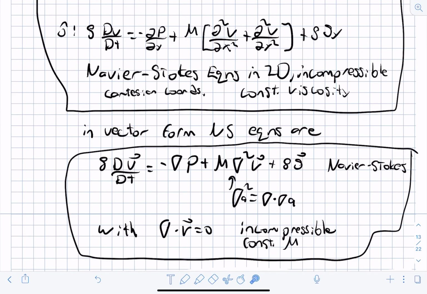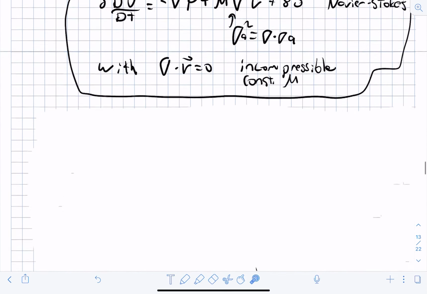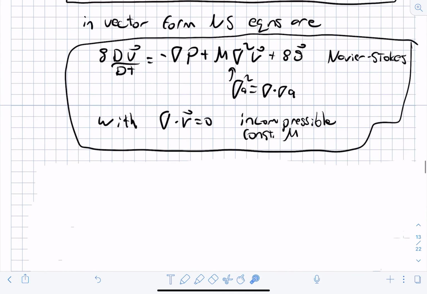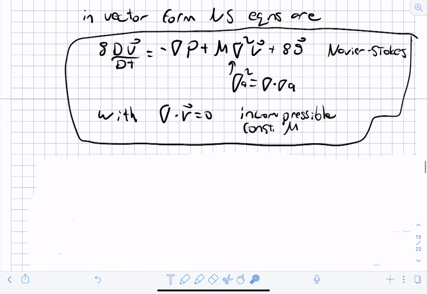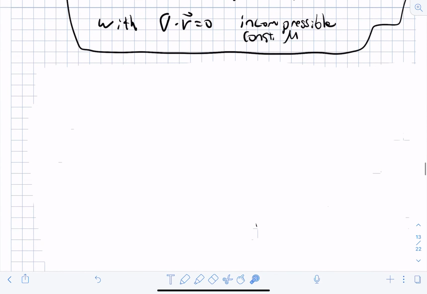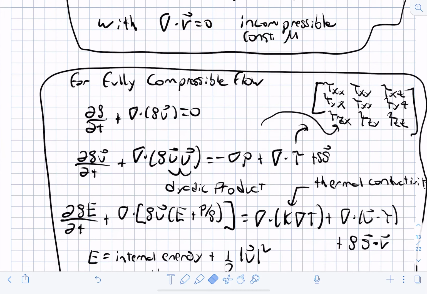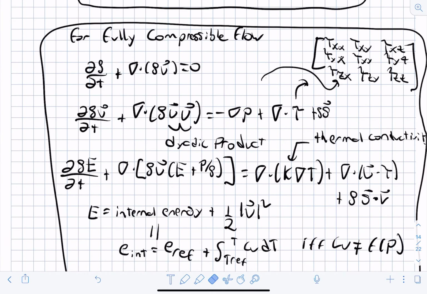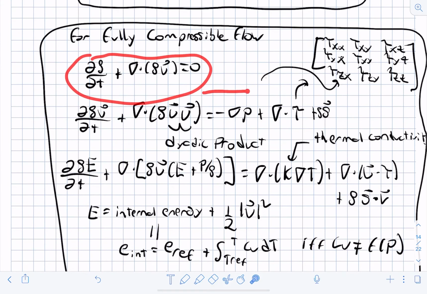Okay. Now, if you're dealing with a fully compressible flow, you cannot make any of the simplifications that I just mentioned, and I'll just write them down in vector form. You have to solve conservation of mass, momentum, and energy together. For a fully compressible flow like I deal with on an everyday basis with shock waves, we need to solve conservation of mass, conservation of momentum, which is right here.